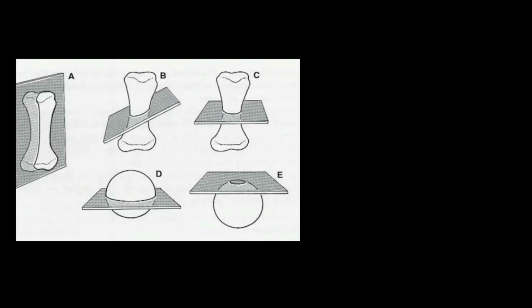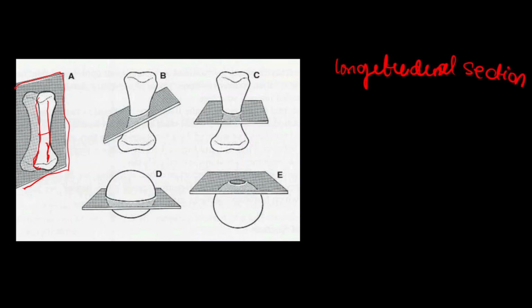Now from our outline, the next subtopic is histological sections. So let's take a look at some of the histological sections. When we have a tissue sample of greater length, as we have here, the structure representing the tissue sample has a greater length than width. When a tissue sample such as this one is cut along its longer axis, such a section is a longitudinal section.